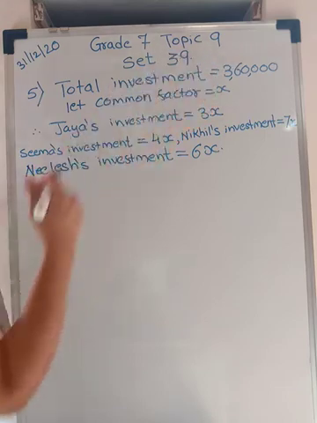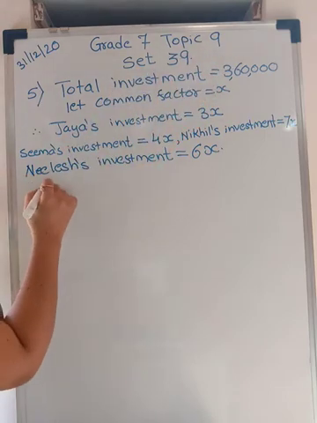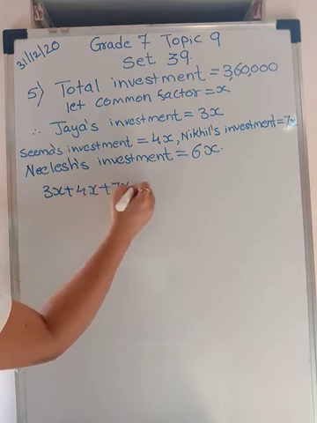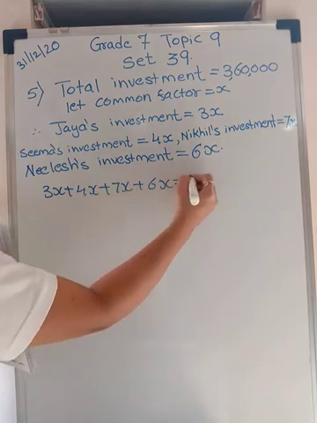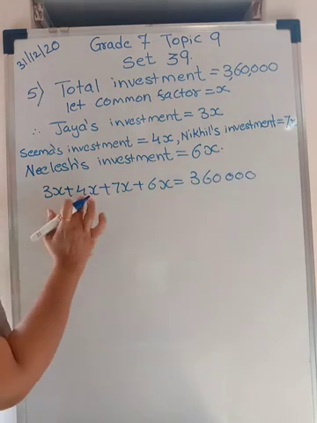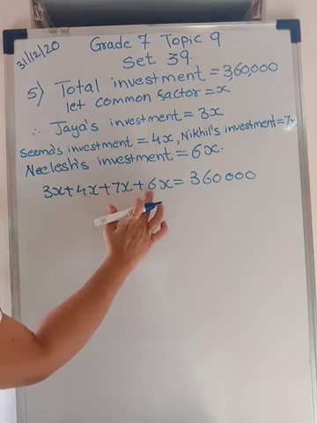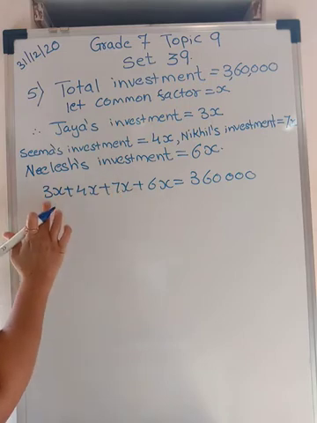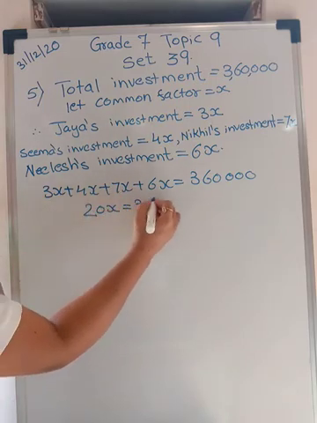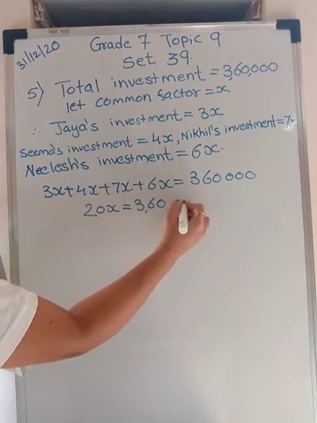Altogether investment is 3,60,000. So altogether means 3x plus 4x plus 7x plus 6x will be equal to 3,60,000. Alright. Now 4 plus 6, 10 and 7 plus 3, 10. 10 plus 10, 20. So 20x is equal to 3,60,000.